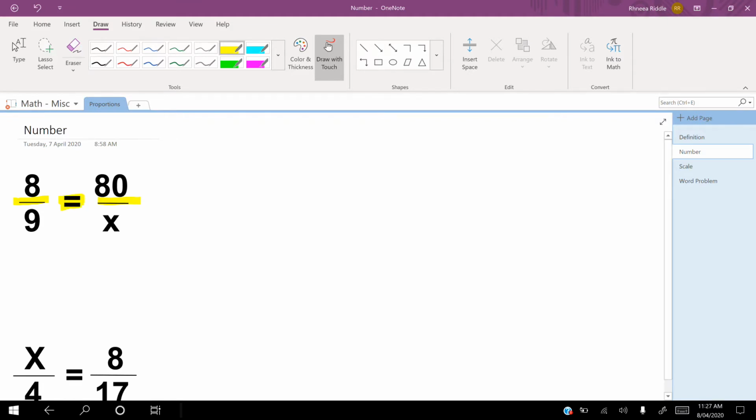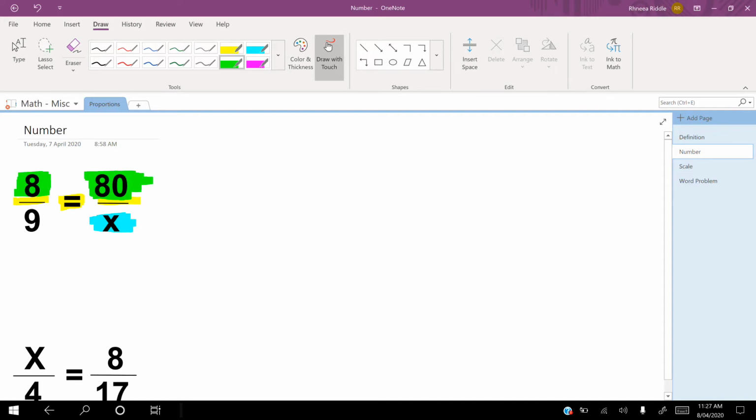So whatever we have that represents this x has to make these 2 proportions equivalent to each other. So there are multiple ways we can do this. The first way is looking at the numerators and the denominators. And so we can see here that we have both numerators and we're looking for the denominator x.